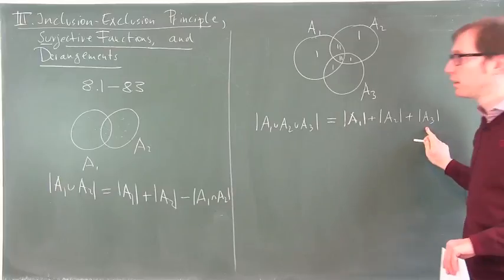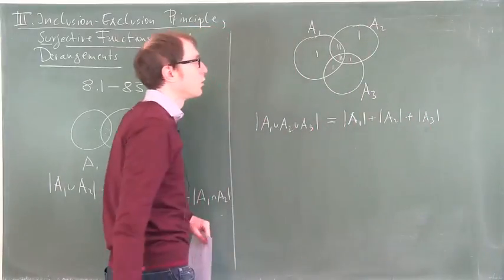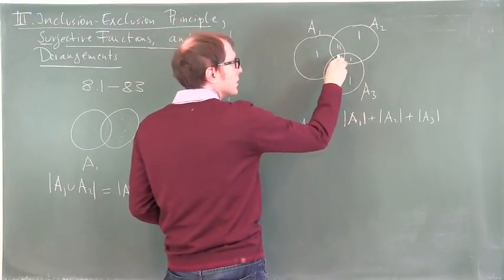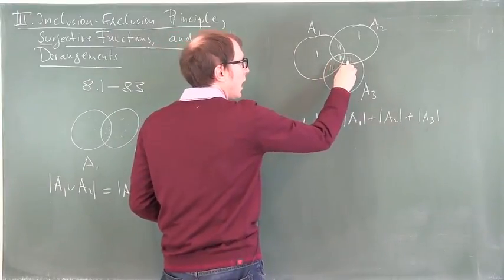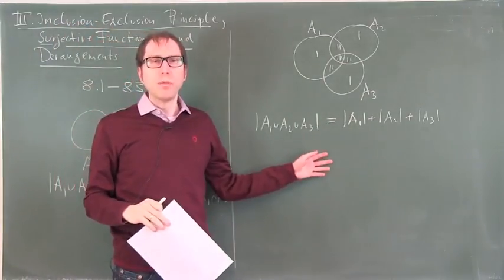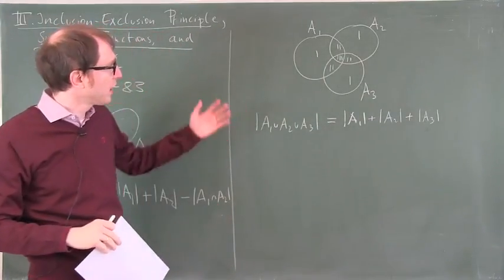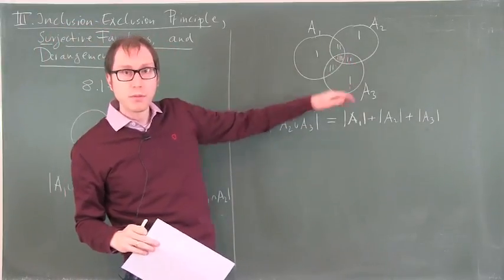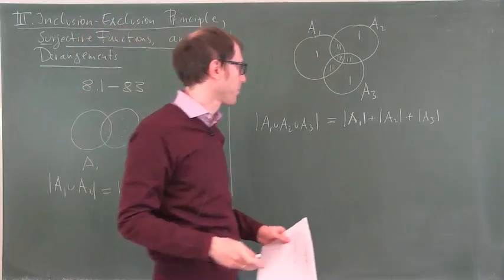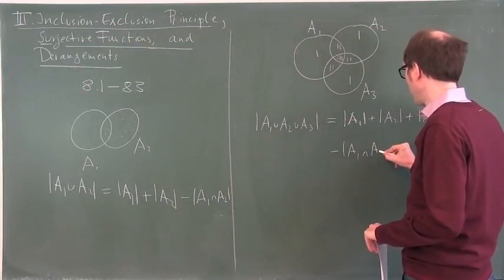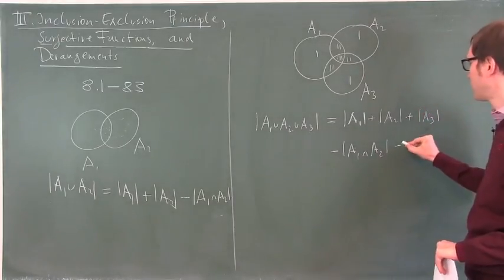And now A3 means we count these elements once as well. Now what's happening is a lot of overcounting. We don't get the right answer because we're counting these things twice, and even the ones in the middle we count 3 times. So we subtract, and we do that in a symmetric way by subtracting these intersections.